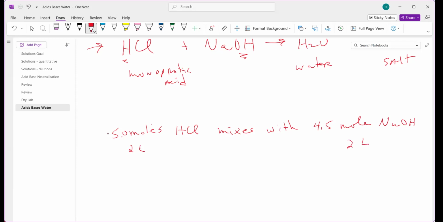So what kind of concentrations do we end up with? Well, with an acid, we've got H pluses and Cl minuses. With the sodium hydroxide, we've got Na pluses and OH minuses.